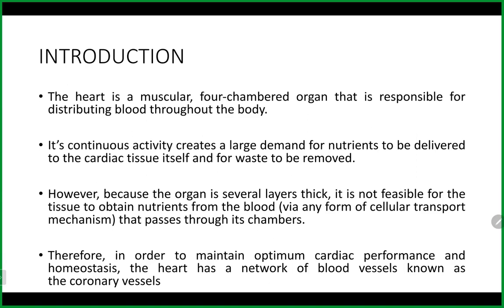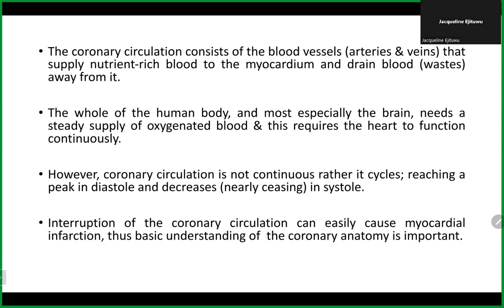However, this organ has several layers of thickness, and it's therefore not feasible for nutrients to be obtained via any form of cellular transport mechanism as blood passes through its chambers. Therefore, in order to maintain optimum cardiac performance and homeostasis, the heart has a network of blood vessels, which is known as the coronary vessels. Next slide, please.